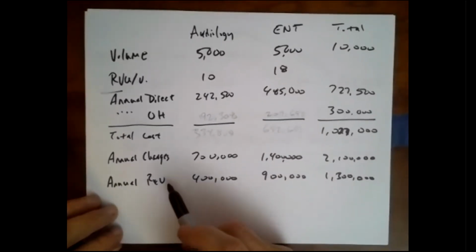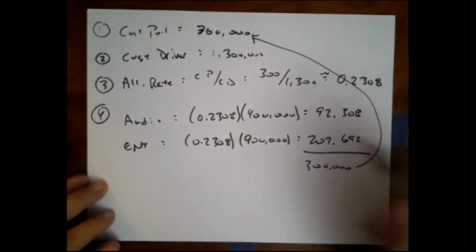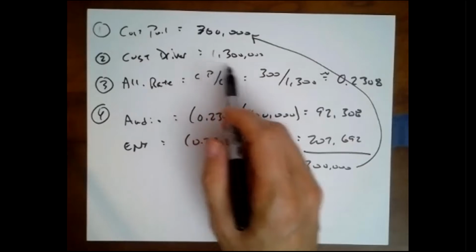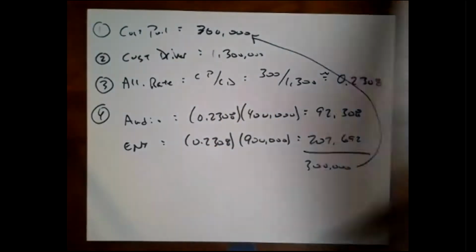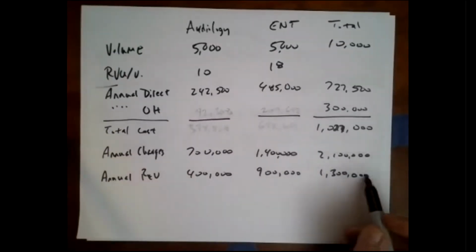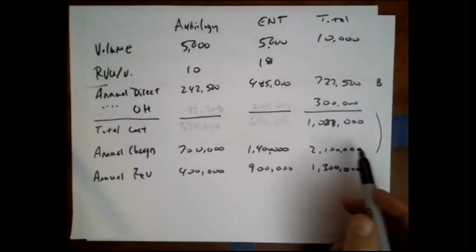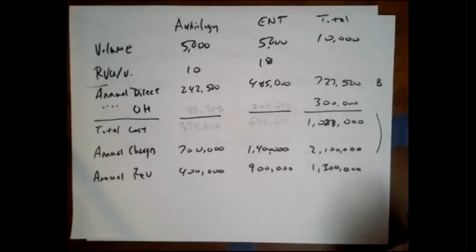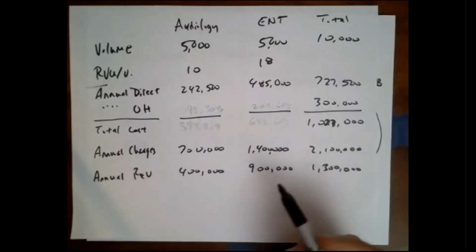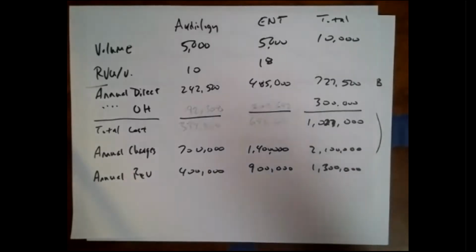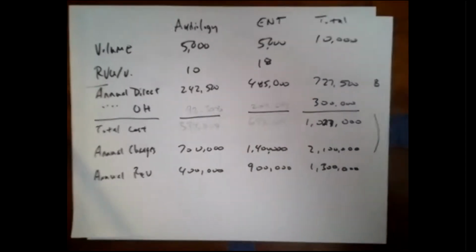Instead of using charges, I used revenues, and it was really the same approach. We used the 4-step approach. We just changed up what the driver is going to be. In this case, the driver is total revenues instead of total charges. So we just switched. There's nothing magical about using charges as opposed to revenues, other than revenues are probably better, actually.